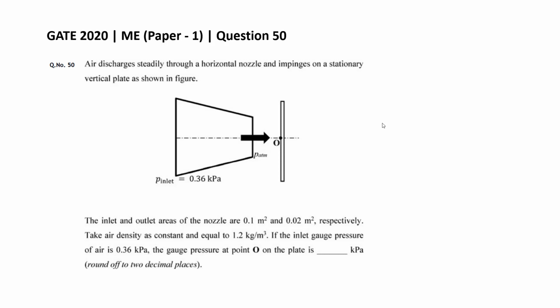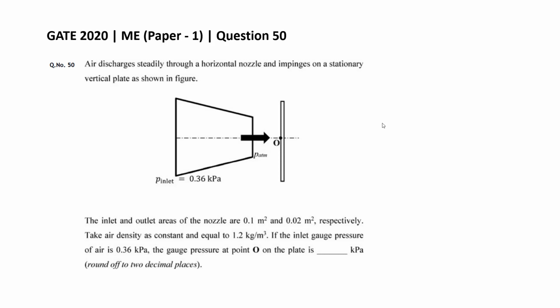So this came in GATE 2020 set 1 and is question number 50, a 2 marks question. The question is: air discharges steadily through a horizontal nozzle and impinges on a stationary vertical plate as shown in figure. The inlet and the outlet areas of the nozzle are 0.1 meter square and 0.02 meter square respectively.